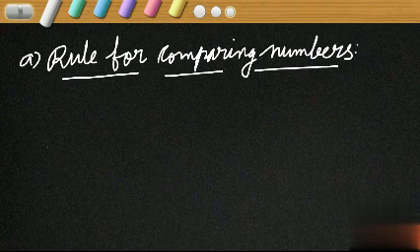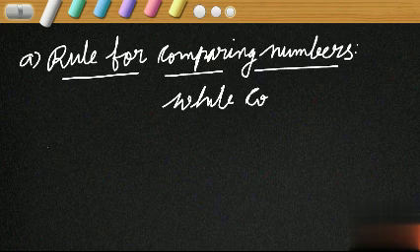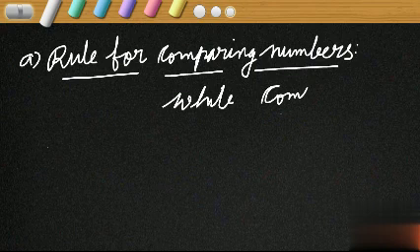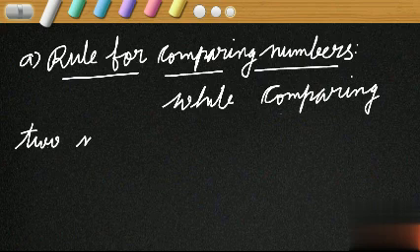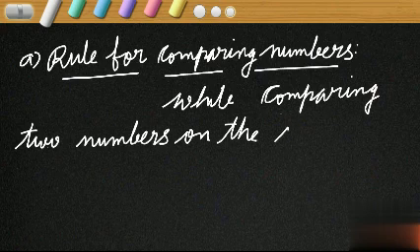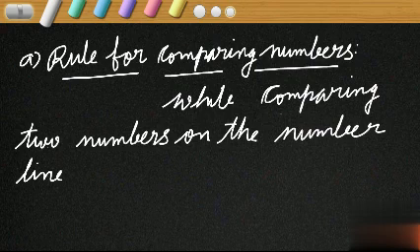Write down, while comparing two numbers on the number line, the number on the right side is greater than the number on the left side.